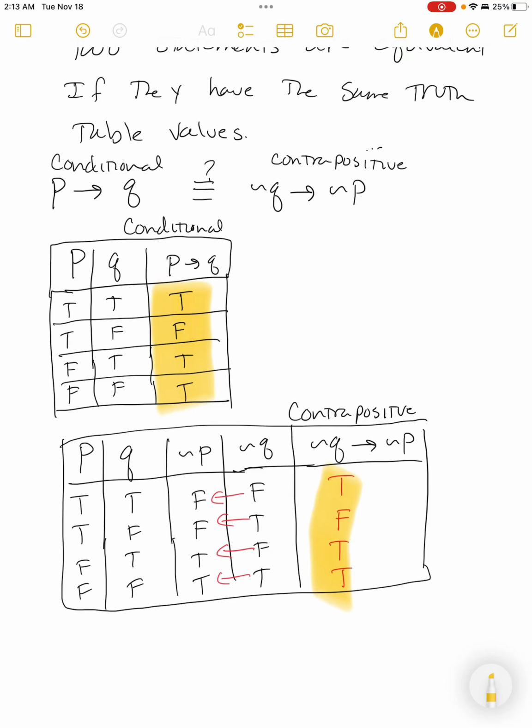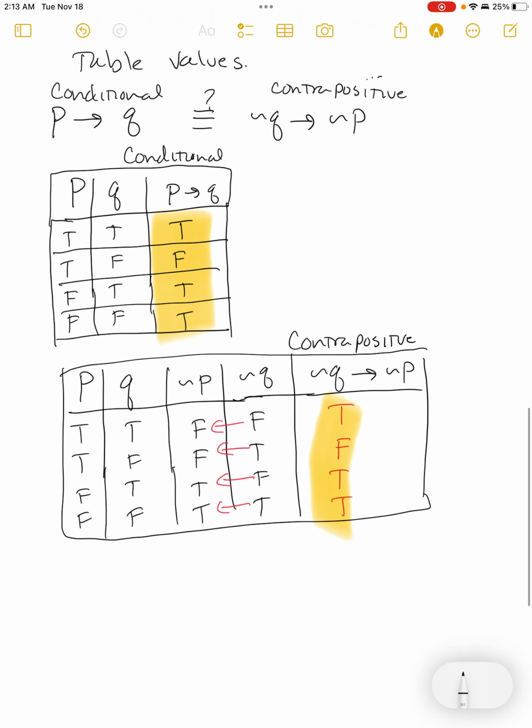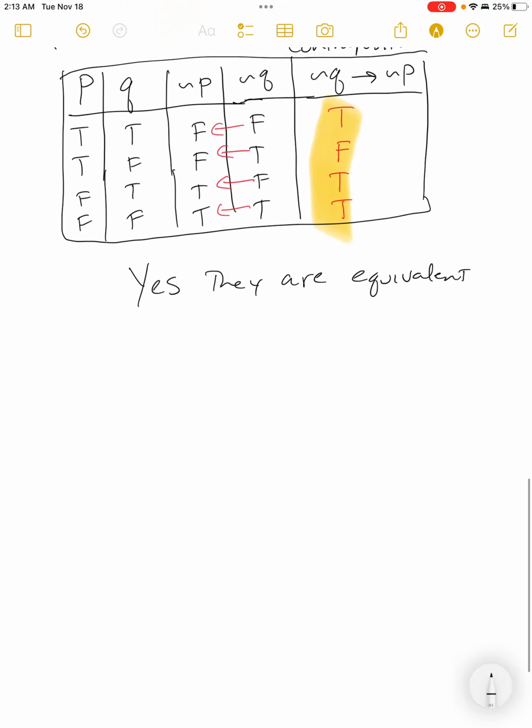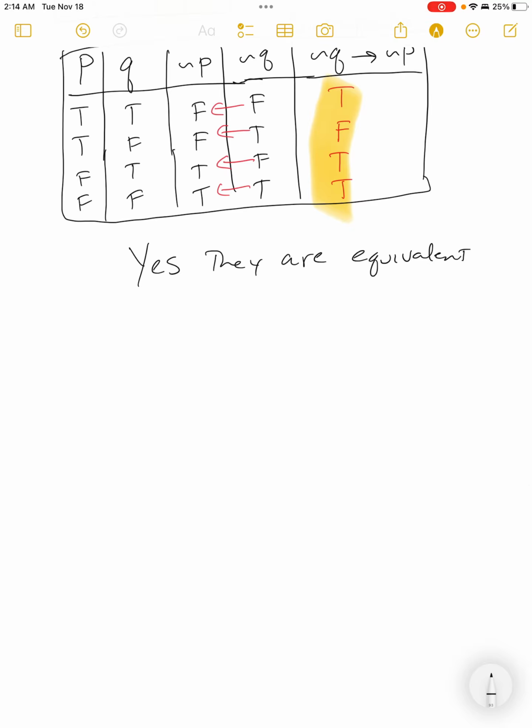These truth tables match up exactly. In the order from top to bottom, it's true, false, true, true in both cases. That is when you have equivalent statements. Yes, they are equivalent. If there was any change, if there was any difference, we would say that they were not equivalent.